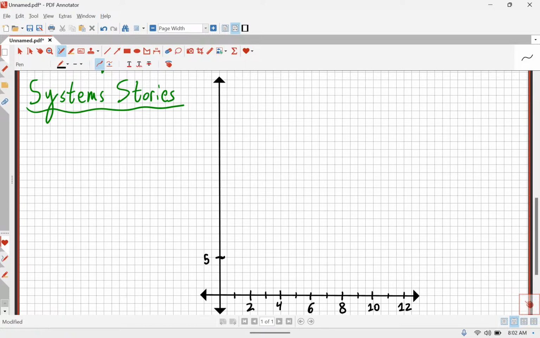If you get a full sheet of graph paper, you should be able to make it happen. I do not recommend doing that on this particular unit. 20 up on the y-axis, 12 right on the x-axis.